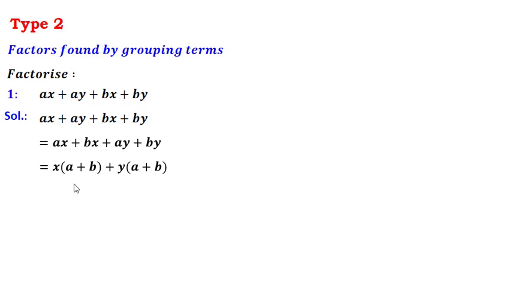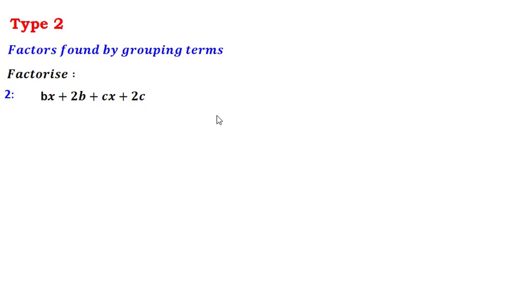Now we have (a + b) common, so we will take (a + b) common and we get (x + y). After taking (a + b) common, here x is remaining, so I write x, and here y is remaining, so I write y. Thus this is the factor of ax + ay + bx + by.